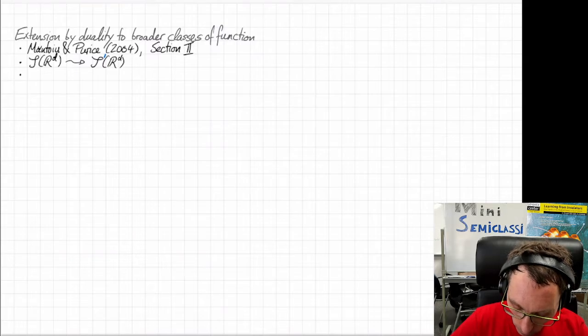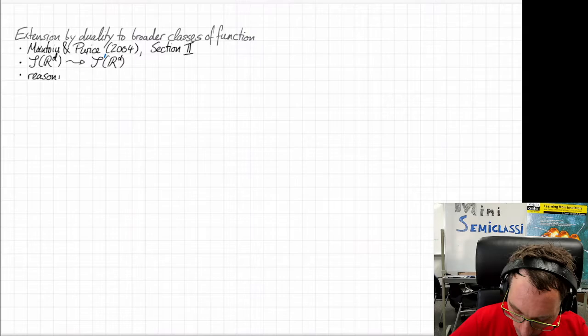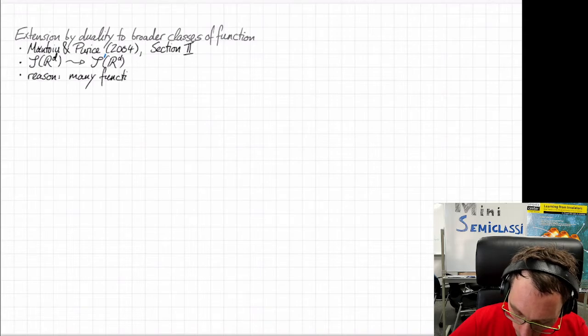The reason is that many functions may be considered tempered distributions or define tempered distributions.